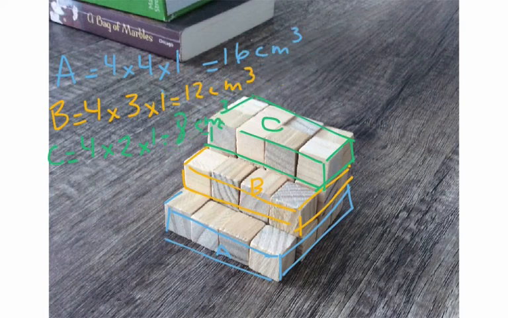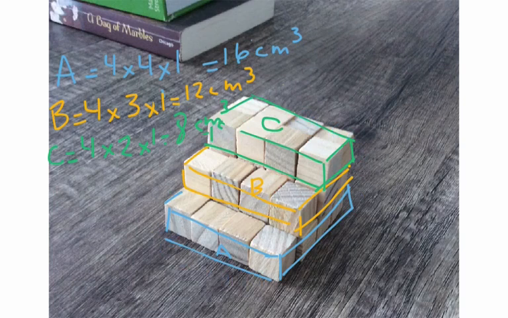So basically my base A was 4 by 4 by 1, so it equals 16 cubic centimeters. My second level, base B, was 4 by 3 by 1, which is 12 cubic centimeters. And the top layer, or C, was 4 by 2 by 1, or 8 cubic centimeters.